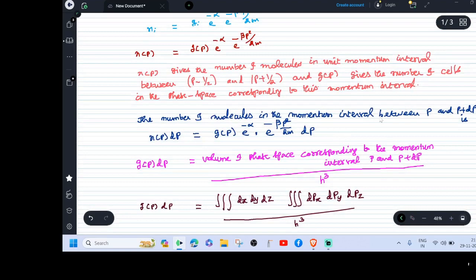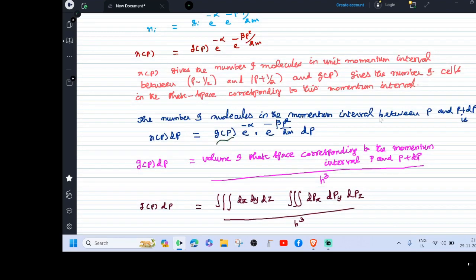So this is the equation. Now we have to find out the value of g of p into dp. G of p into dp equal to the volume of phase space corresponding to the momentum interval p and p plus dp divided by h cube.